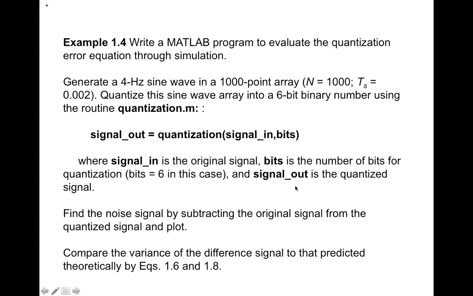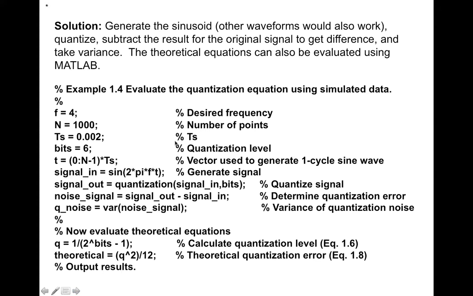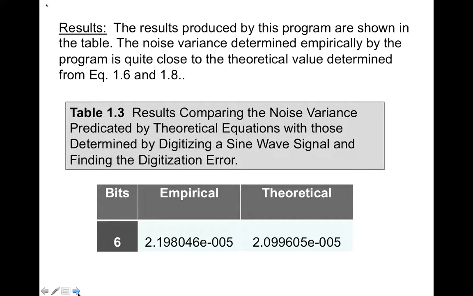Signal in is the original signal, signal out is the quantized signal, and bits is the number of bits for quantization. So we can have an original signal and a quantized signal, and we can find the noise by subtracting the original from the quantized. Here is the code that does that, and hopefully we're going to see some results.